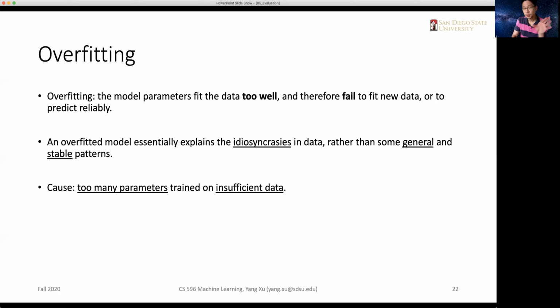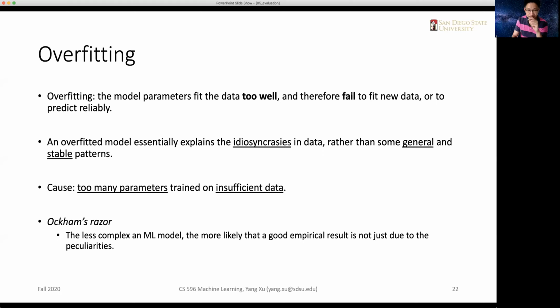So the cause could be that we use too many parameters and our training data is so small. There's not sufficient training data. It's kind of an Occam's razor principle.